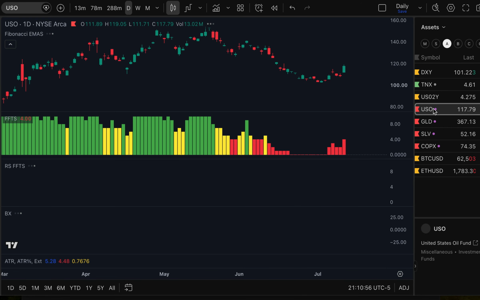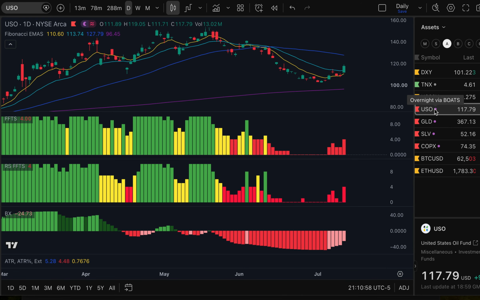Let's look at oil, USO. Momentum is increasing, but still negative, and the trend is not quite there. So we'll be watching this with the news headlines this week to see if this is going to continue rising.